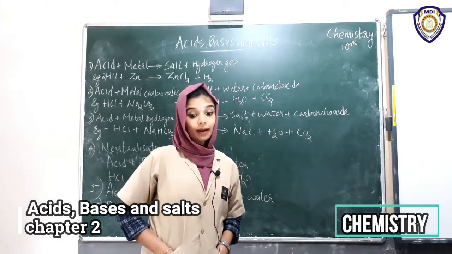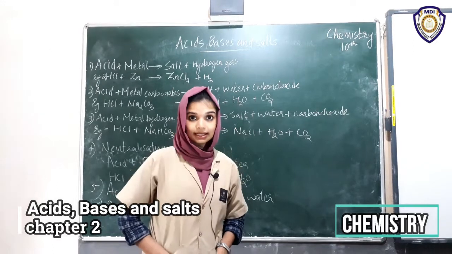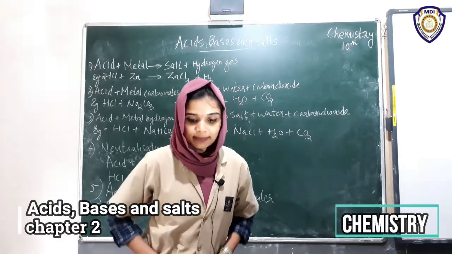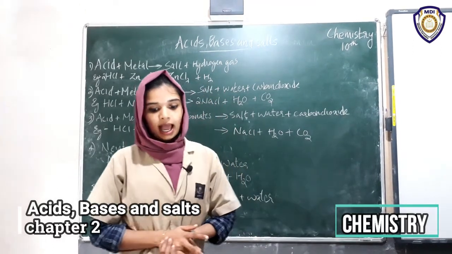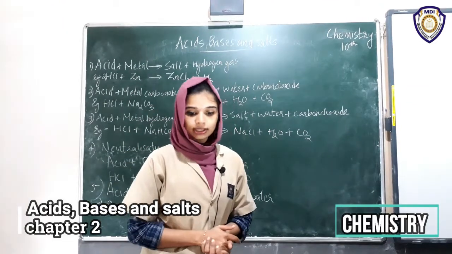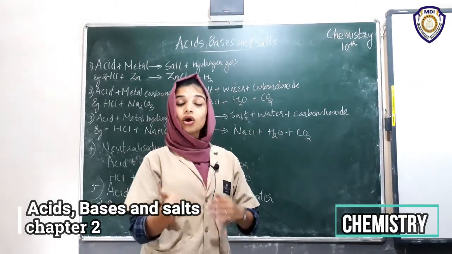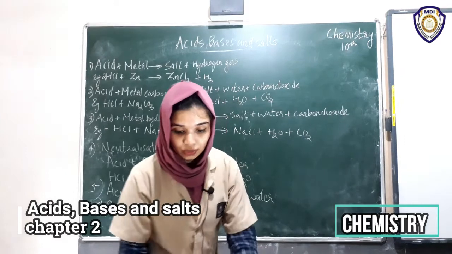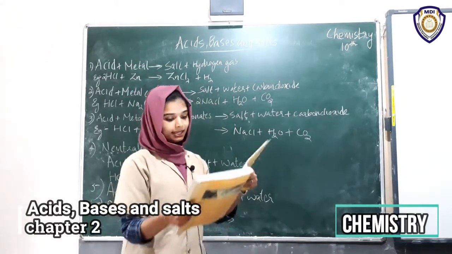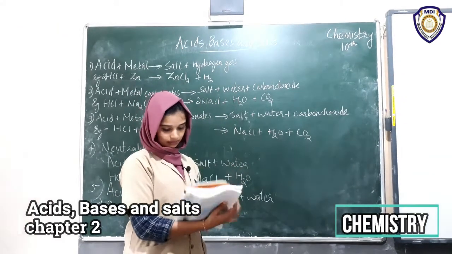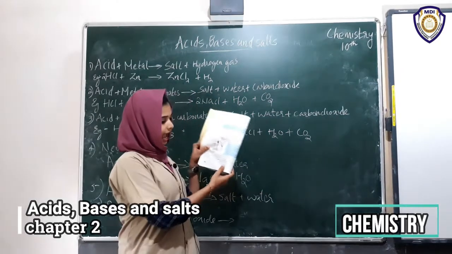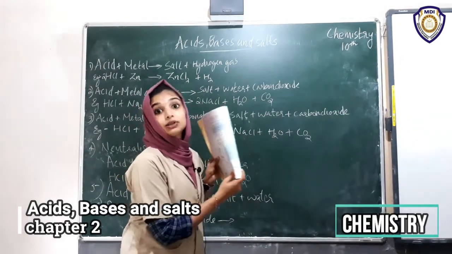Non-metallic oxide, for example carbon dioxide. Carbon is a non-metal, so carbon dioxide is a non-metallic oxide. You have already seen the reaction between carbon dioxide and calcium hydroxide, on page number 20.